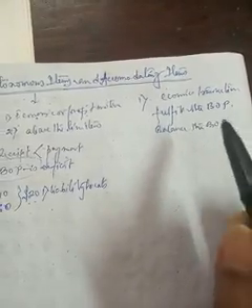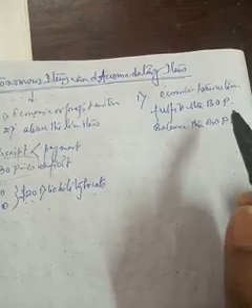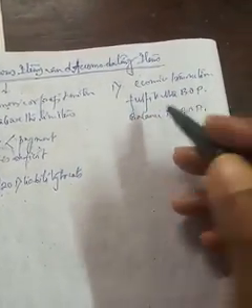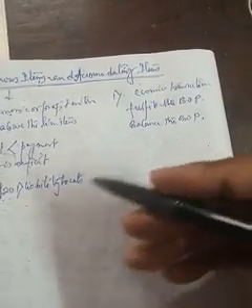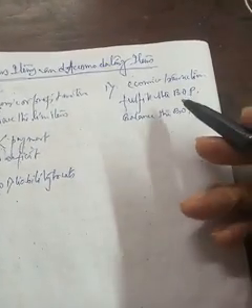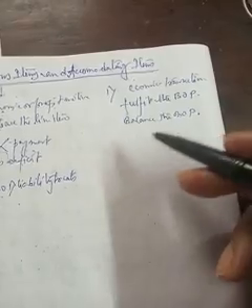If the balance of payment is in deficit, they try to balance it. If it is in surplus, then those transactions are included which will balance the balance of payment.